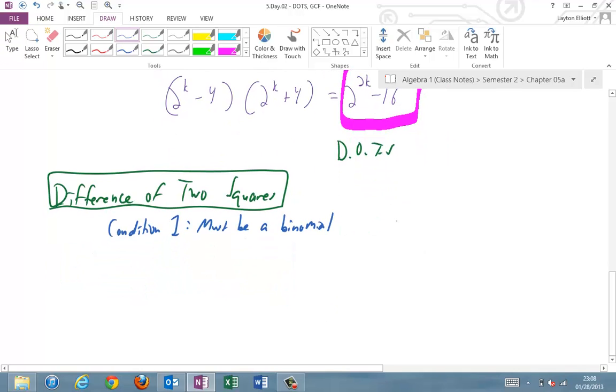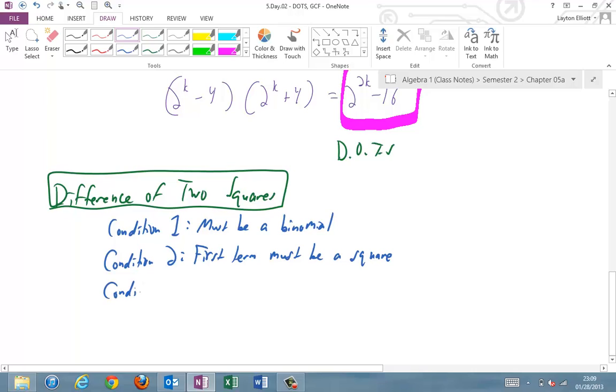So a binomial is something like x plus y. It must be a binomial. Condition 2. The first term must be a square. It must be something square.